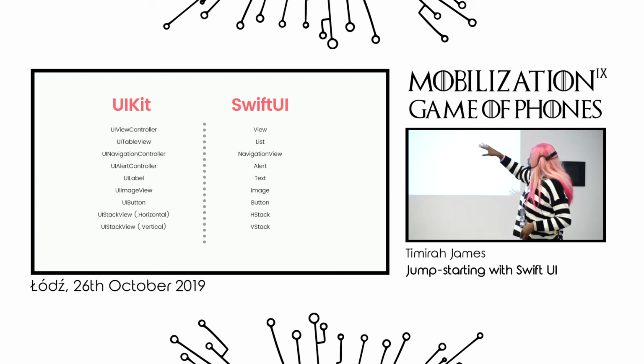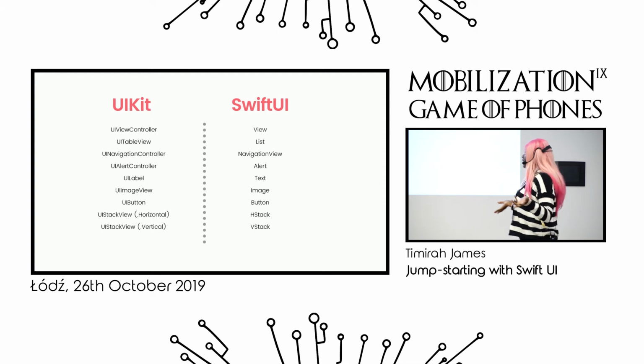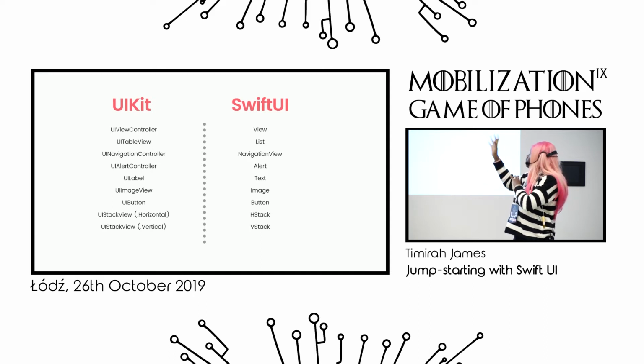Alert controller, Alert. Label is just Text. Now that can throw you off too, because you're like, I usually do label.text. But now I have to know that a label is actually just referred to as Text. UIImageView, Image, and so on and so forth.